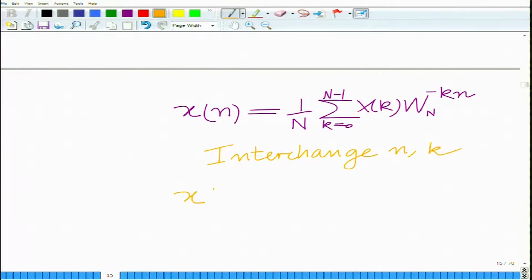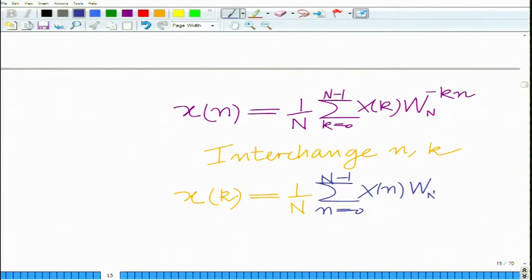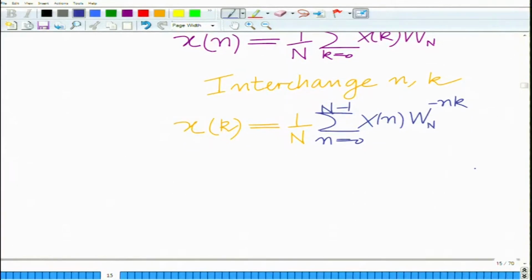Then I can simply write x of k equals 1 over N summation n equal to 0 to capital N minus 1 X of n W N to the power of minus n k, which is the same as minus k n.